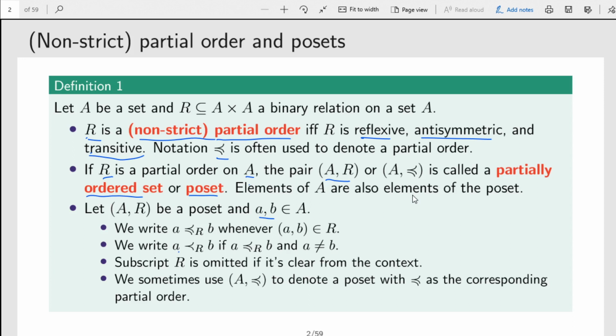So the notation less than or equal here applies generally to every partial order R, so it doesn't have to be the usual less than or equal sign. The subscript R is omitted if it's clear from the context, and instead of R we sometimes use the pair (A, less than or equal sign) to denote a poset.